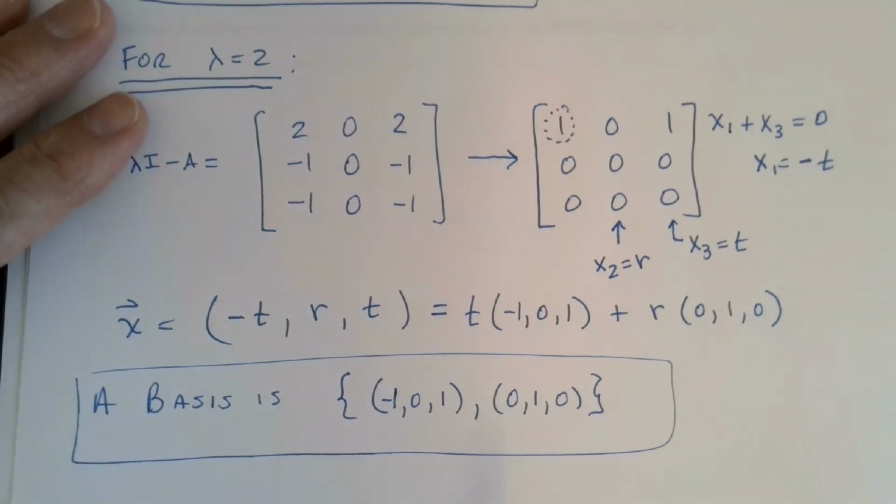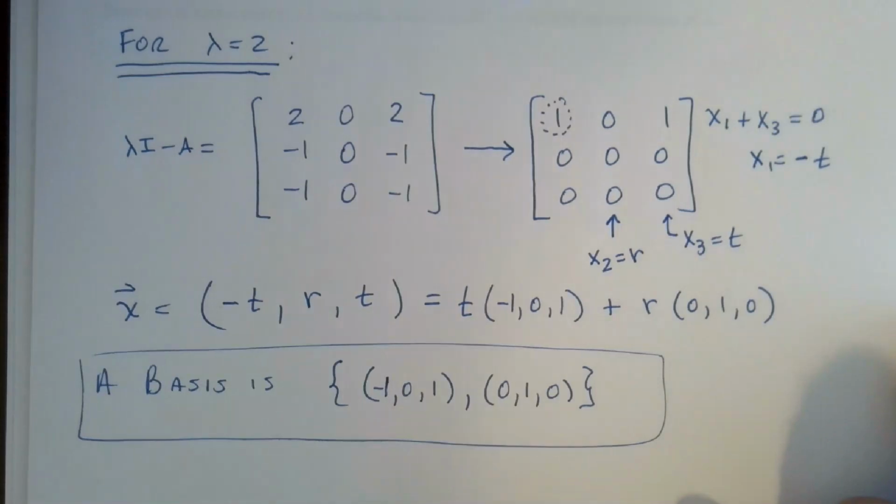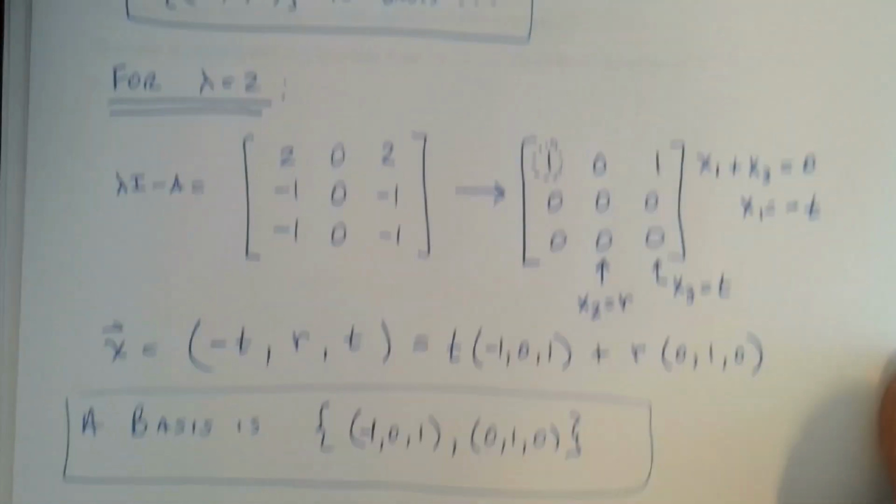So if you have a multiplicity 2 eigenvalue, algebraic multiplicity 2, the dimension of its eigenspace could be 2 or 1.